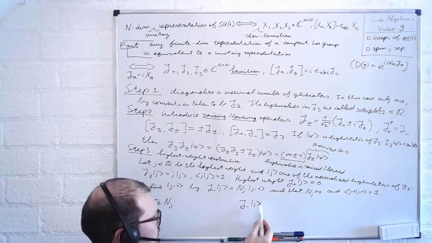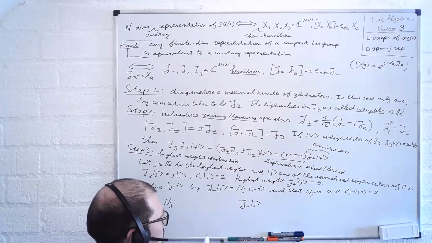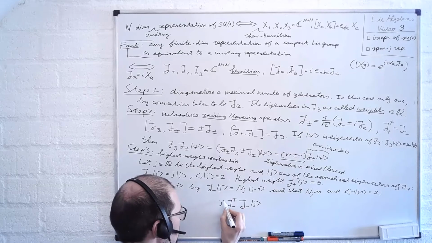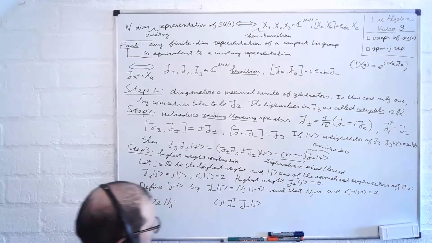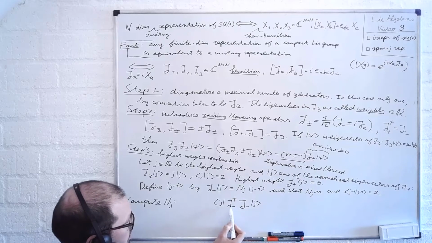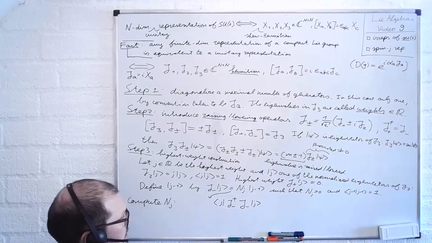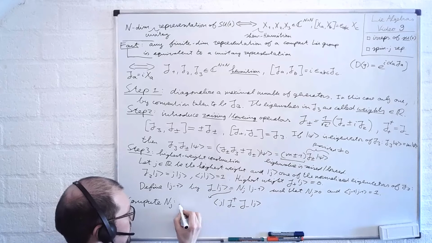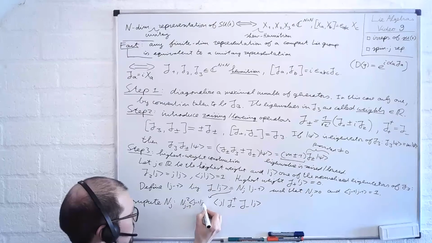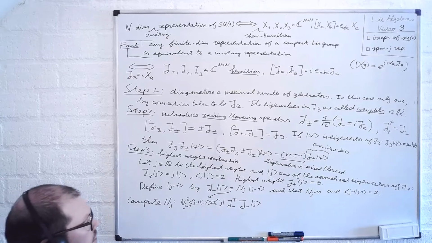To compute the norm, I have to take the inner product of this state with its bra, so its Hermitian conjugate. So I take the Hermitian conjugate of J minus acting on this side, and then by this formula, this is nothing but n of J squared times <J minus 1|J minus 1>. And this is 1.